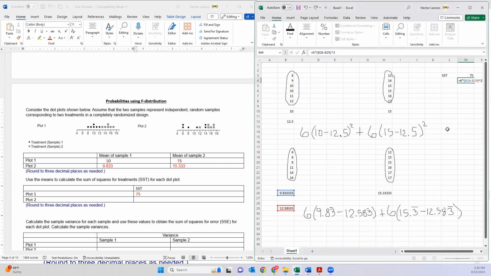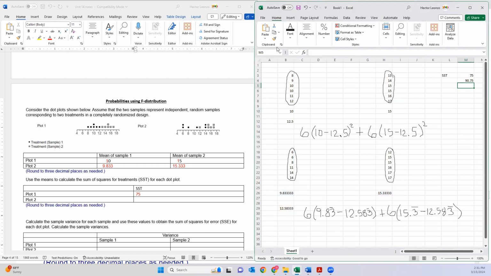But notice how I typed it to the second power, plus 6 times open parentheses. And I'm going to have this 15.3333 minus this one, 12.583, close parentheses, and do it to the second power.